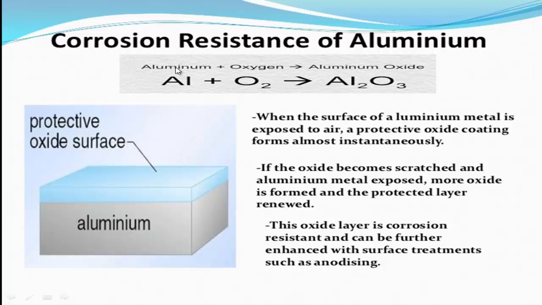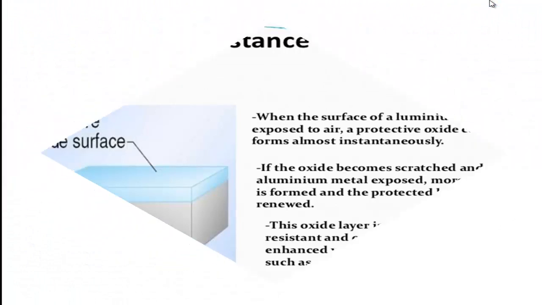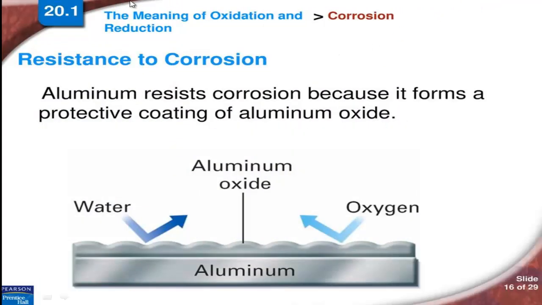Since it reacts with oxygen and some aluminium is converted into aluminium oxide, we can say this is corrosion of aluminium, but the produced aluminium oxide next time acts as a protective shield, a corrosion resistance for aluminium. Follow this picture, then it will be more clear to you.